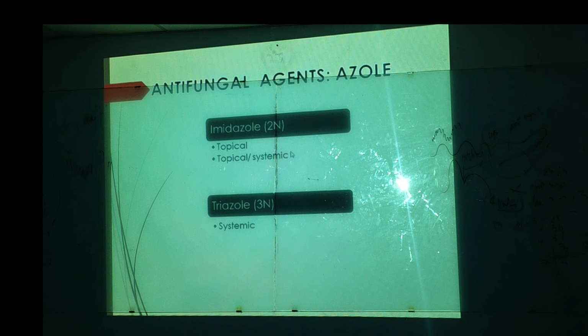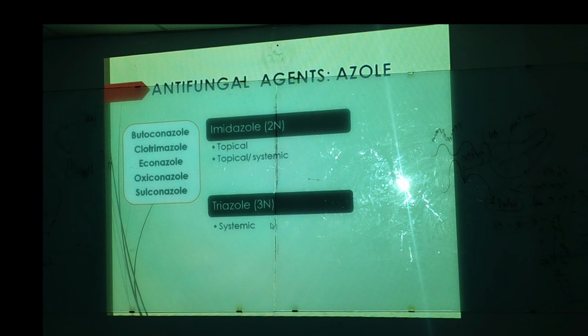So your imidazoles have topical preparations and systemic preparations, while your triazole is only given for systemic fungal infections. The topical ones are your butoconazole, clotrimazole, econazole, oxiconazole, and sulconazole.